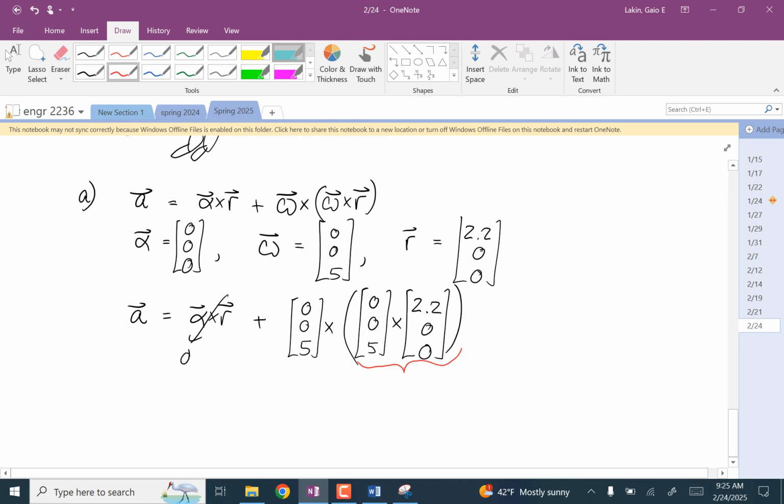And that is 0, positive 11, 0. And then these together are negative 55, 0, 0. So this whole thing is 0, negative 55, 0.